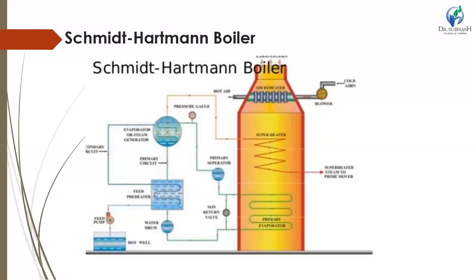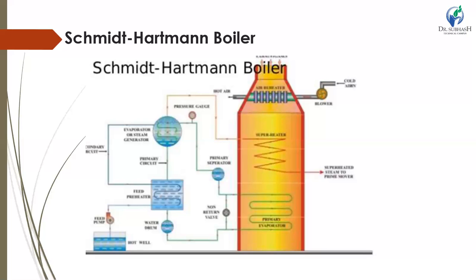The condensate formed in the submerged heating coil is then circulated through a low pressure feed preheater, which preheats the feed water circulated through the secondary circuit. Distilled water is passed through the water drum and fed to the primary evaporator, where water gets converted to steam in the combustion chamber.